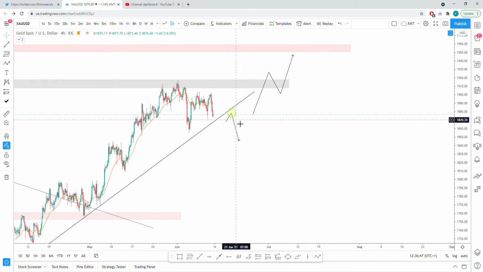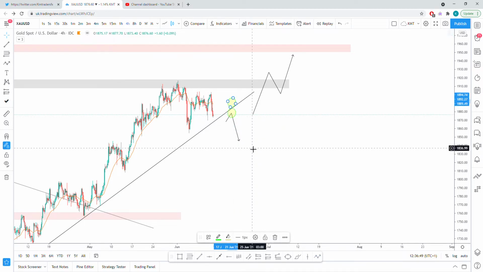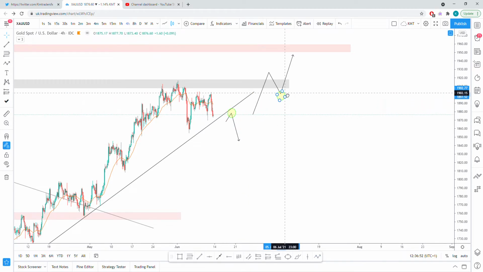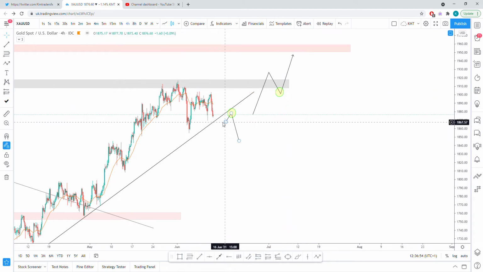Your entry would be on the retest, and again the sell opportunity would be waiting for a retest as well. If I were to draw that a bit more properly, it will look something like this.